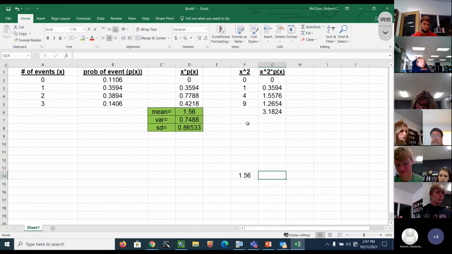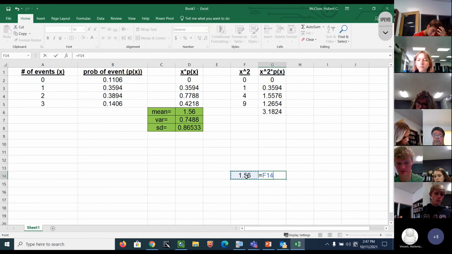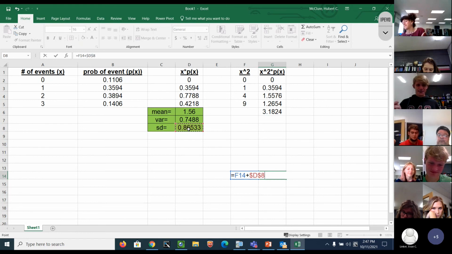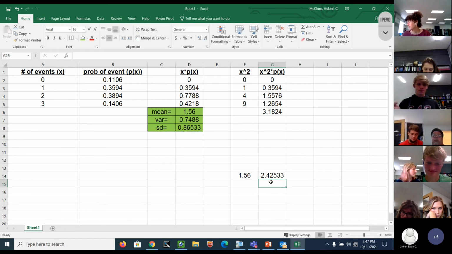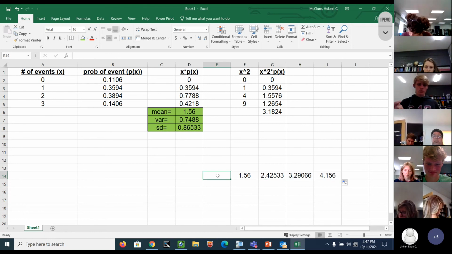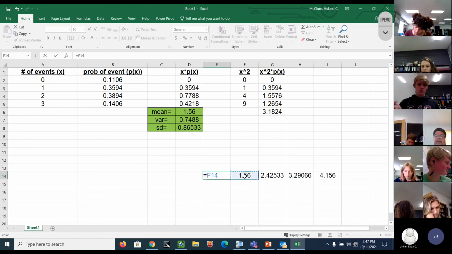And what do we do on the right side of the mean? Add or subtract? Thank you, class. Add. And that goes on the right side. And we subtract on the left side.